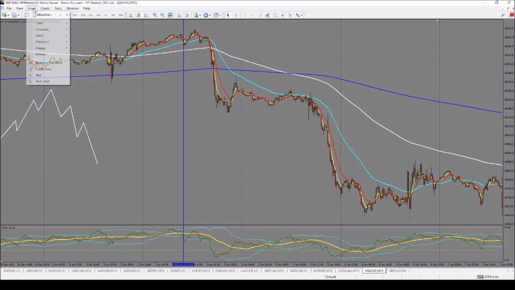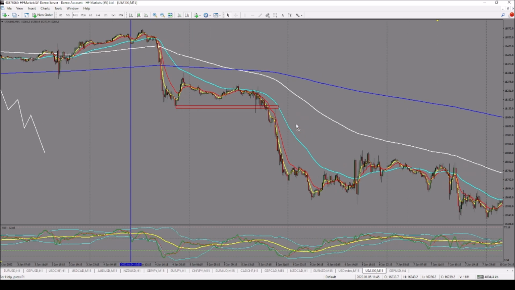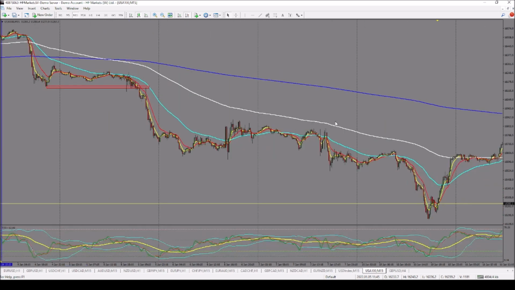So in this case, what we used for our entry was a retest of the last lower low, like this. So it's break of structure, lower high, lower low, lower low, and on the lower high, that is where we will go in. So let's actually have more examples of this trading.